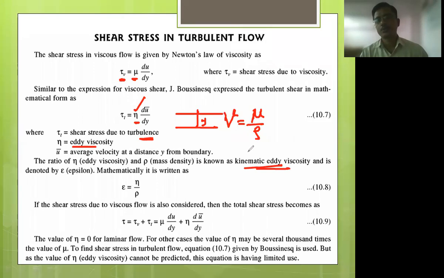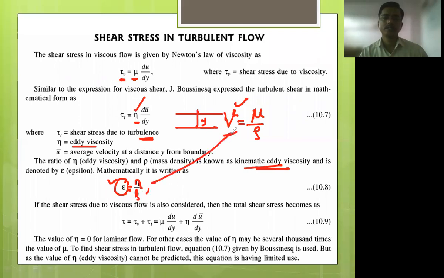Nu is equal to mu upon rho. Similarly here, epsilon is the kinematic eddy viscosity, given by epsilon is equal to eta divided by rho.